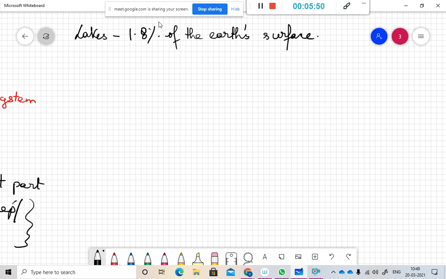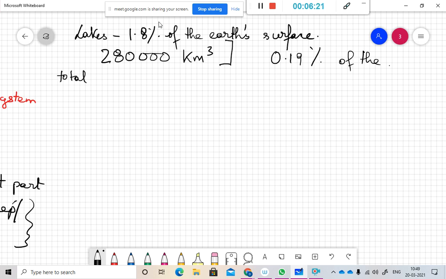That is about 280,000 cubic kilometers of water existing on the Earth's surface in the form of lakes, and that is only 0.19% of the total water on Earth.